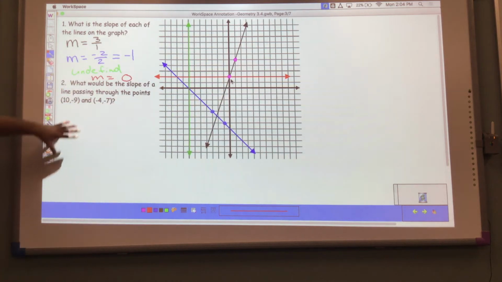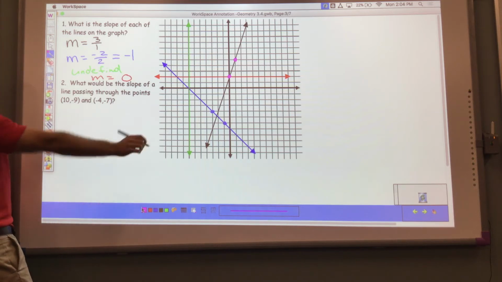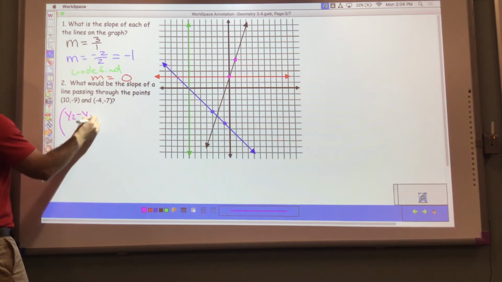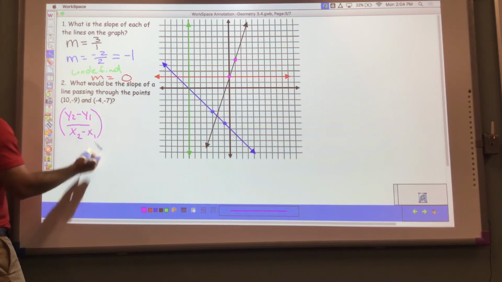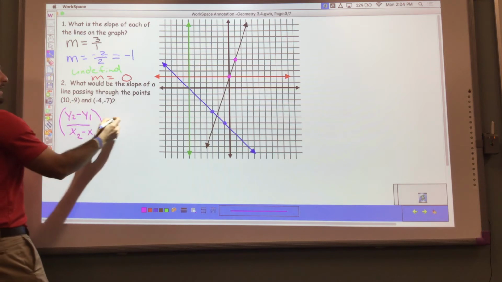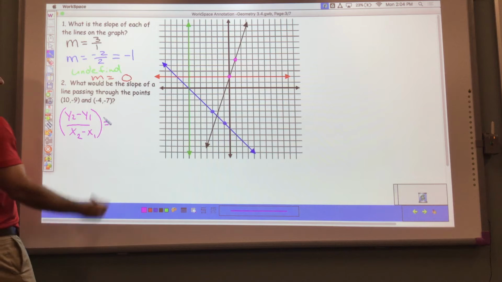What would be the slope of a line passing through the points (10, negative 9) and (negative 4, negative 7)? Well, to figure out that, we're going to use our slope formula. So I'll write it out here for you again: y2 minus y1 over x2 minus x1. So on top, we're going to subtract our y's. So negative 9 minus a negative 7.